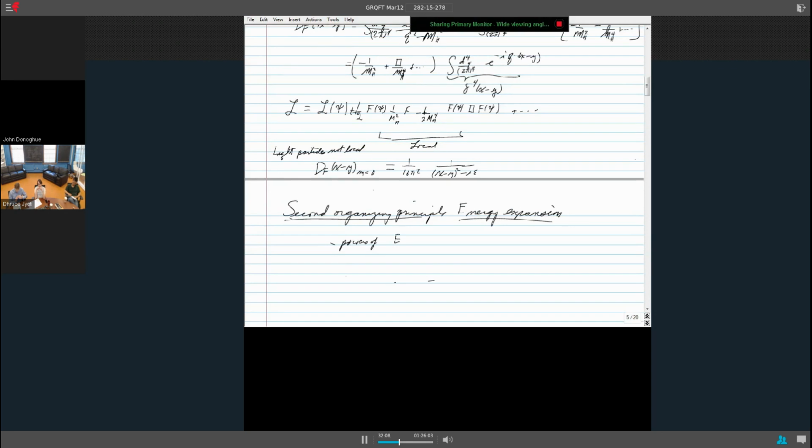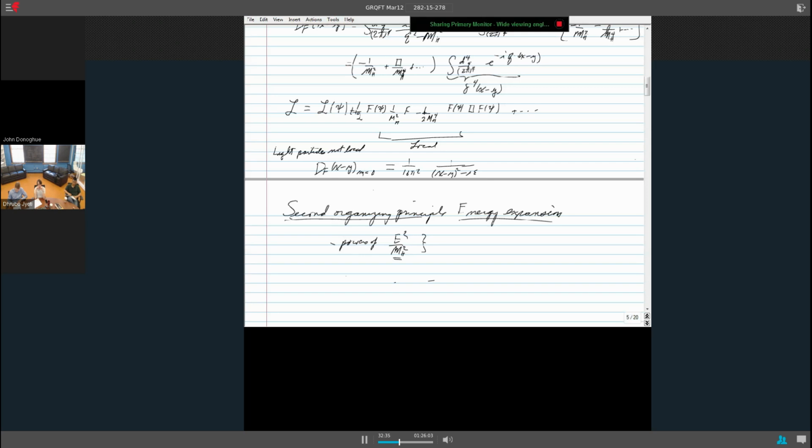Which is the energy expansion. And we've basically just seen it up there. We saw how the high energy effects could be expanded in terms of derivatives over m, the heavy mass squared.